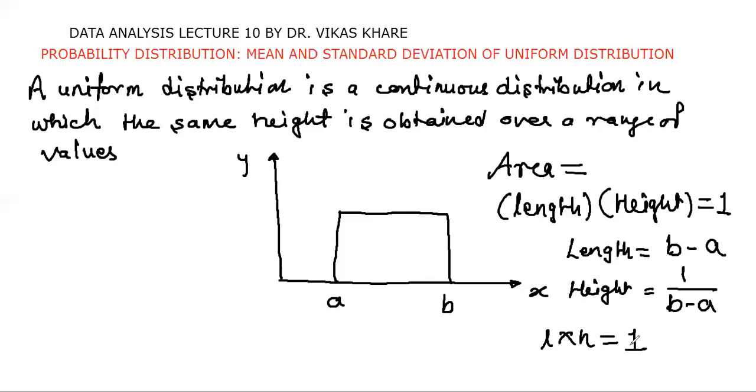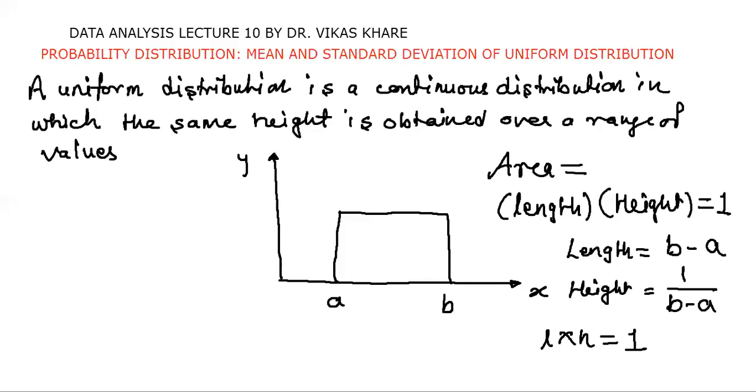We consider a rectangle with points a and b, with length b minus a and height 1 upon b minus a. So the area of a uniform distribution is equal to 1.